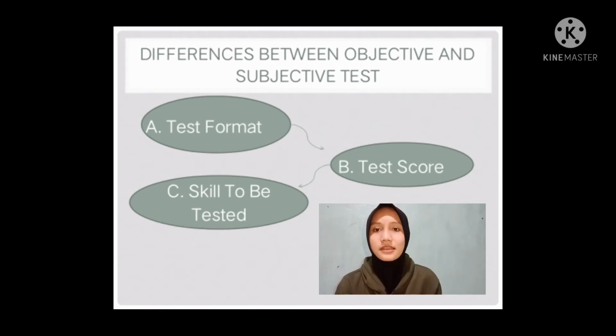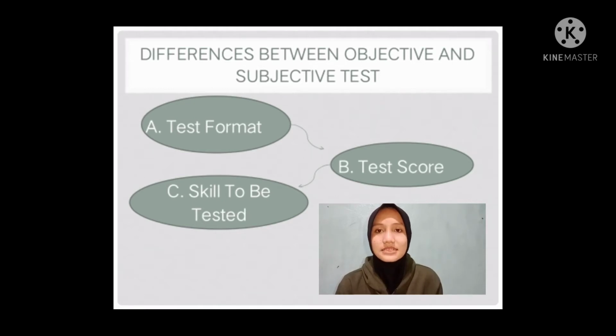Then the second difference is test score. Objective usually uses one correct answer, like one score or point, and subjective is based on a rubric or kind of standardized scale consisting of some criteria to score, because there is no single correct answer.